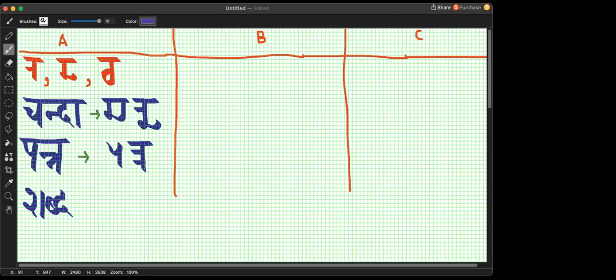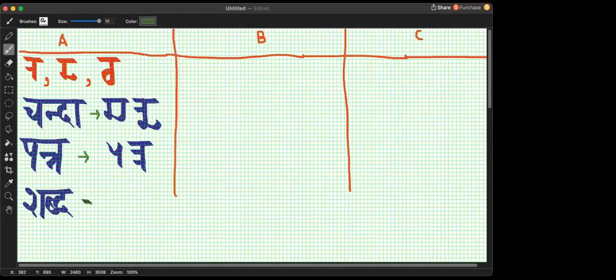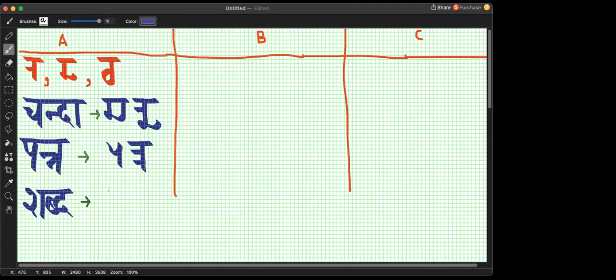Next we'll go with another word, say Shabda. So when you're writing Shabda in Sharada, Sha will remain as it is, an independent alphabet, because it has no conjunct applying.